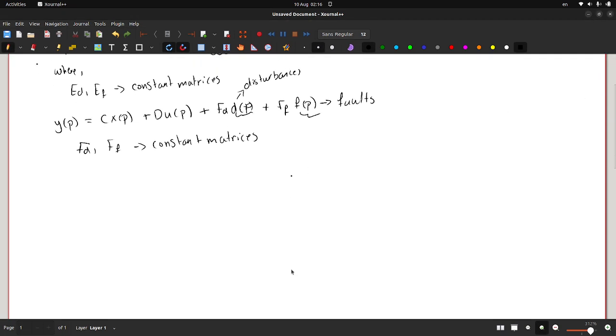Now let us check what type of faults we actually have. As we all know, here's the basic block diagram of a mechatronic system. Here we have a controller. This controller takes the input W and generates a control signal, which feeds the actuator.